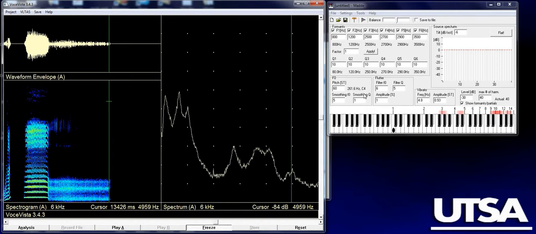Okay, so now I have those frequencies, and let's put them in up here. So we're just typing them in, and then third formant is going to be here, 2778, 36.